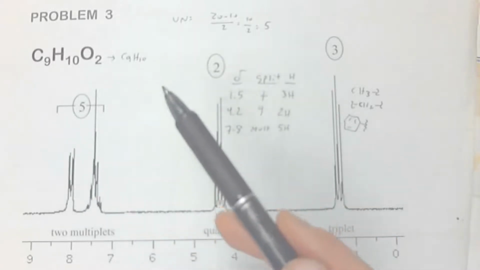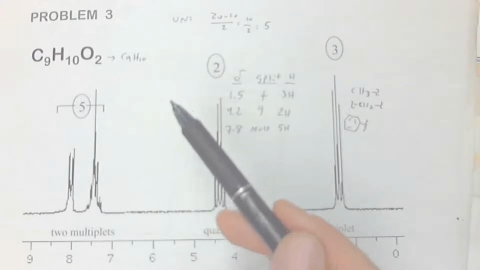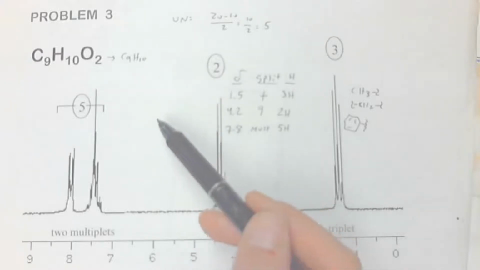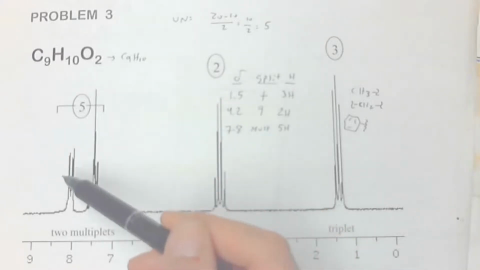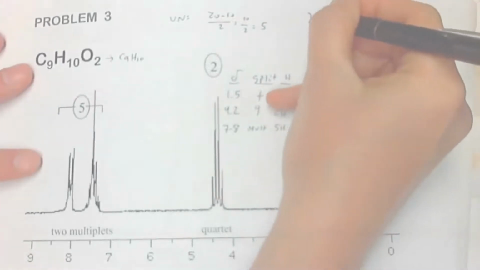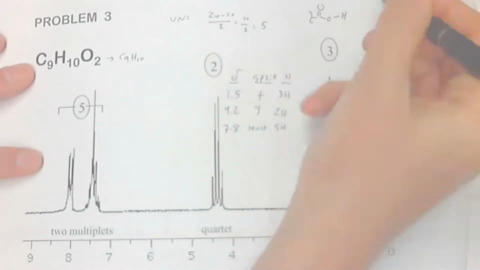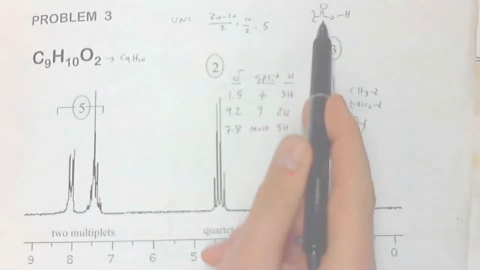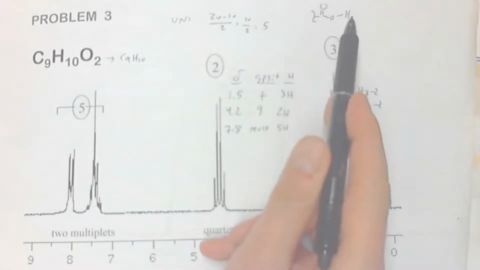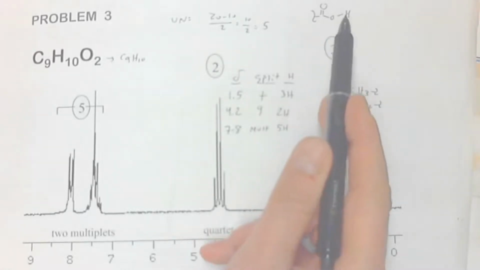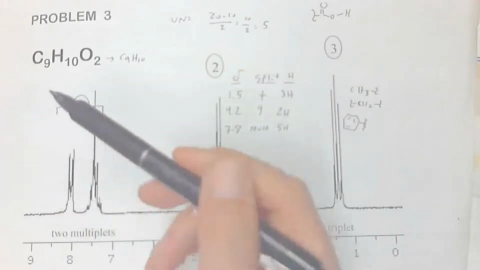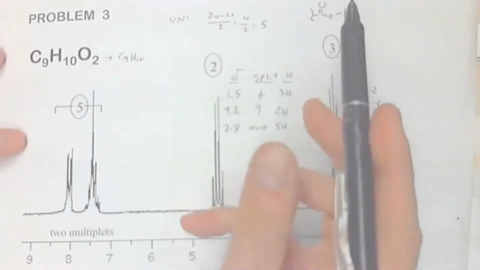The reason you know it's not a carboxylic acid is because it would have an extra proton, right? A carboxylic acid is not just a carbon and 2 oxygens, it's a carbon and 2 oxygens and a proton. And that proton, if you look in your chart, is way at 12, right? You don't see it, so it's not this.